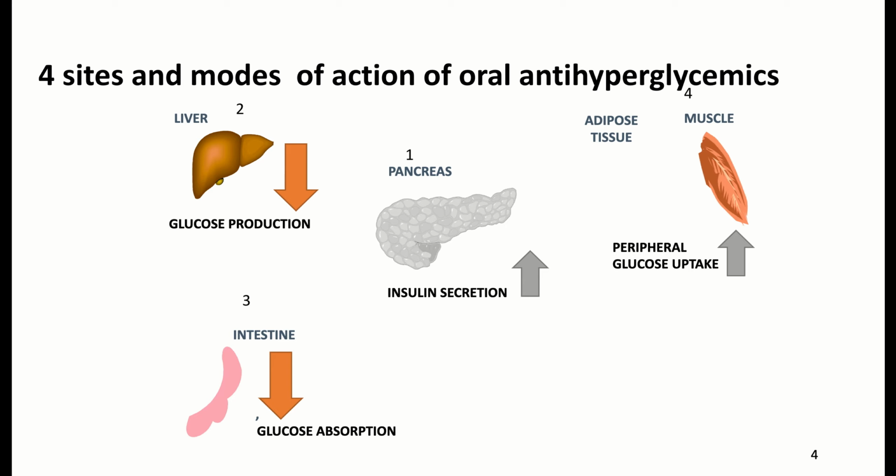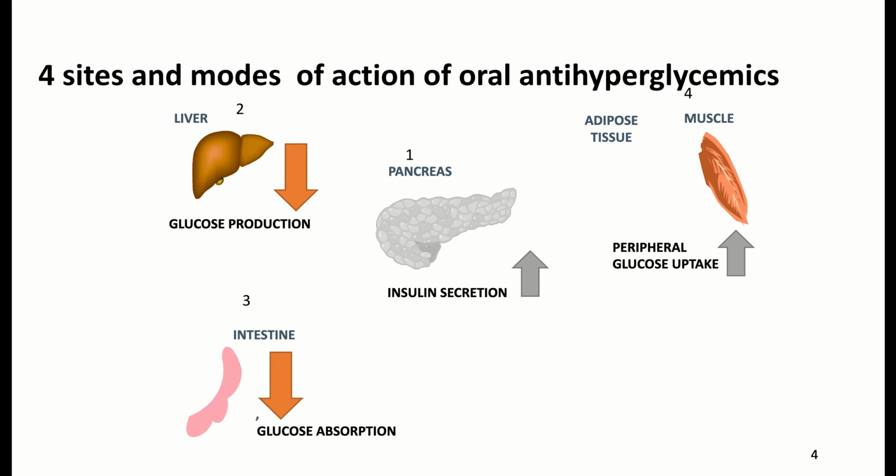Pancreas. An antihyperglycemic drug targeting the pancreas will do what? Increase insulin production. Liver. An antihyperglycemic drug targeting the liver will do what? Decrease glucose production.